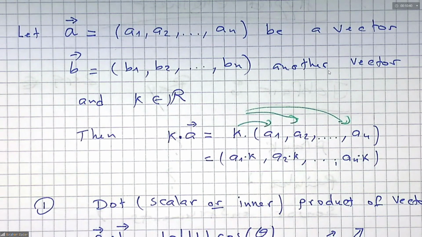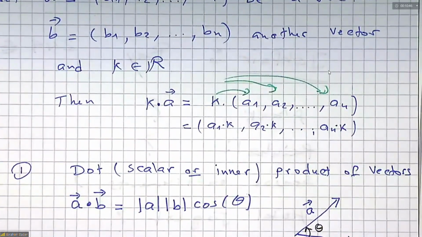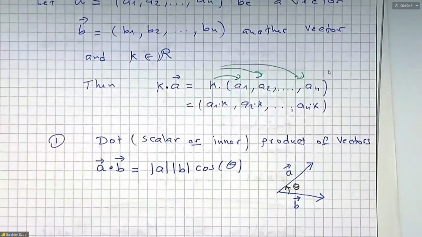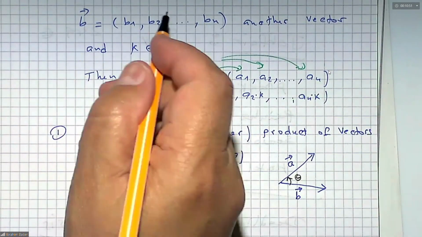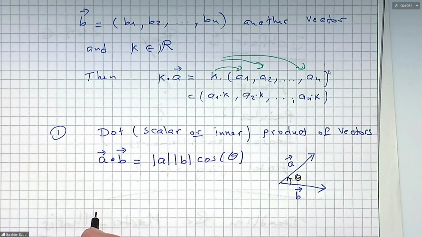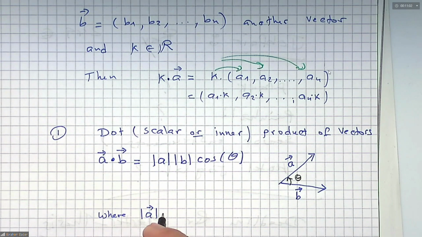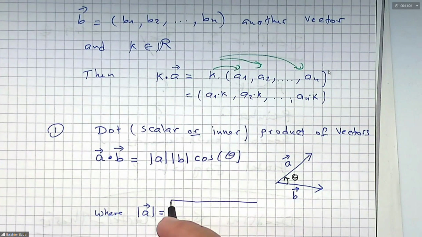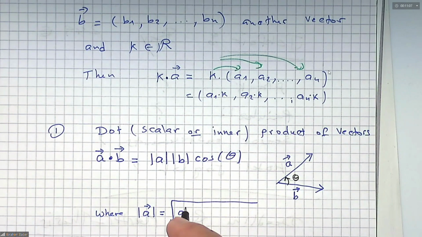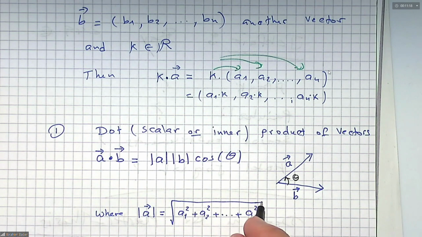Now, the magnitude of A and the magnitude of B are constants, and if you still don't know how to evaluate them, I will just remind you. The magnitude is defined, let's do it for A, for instance, by squaring each of the components of the vector and then taking the square root of that.